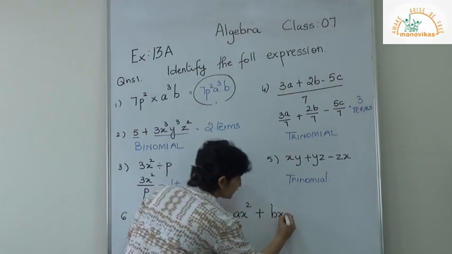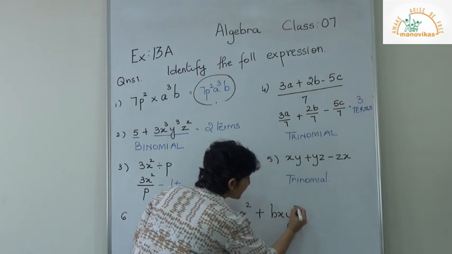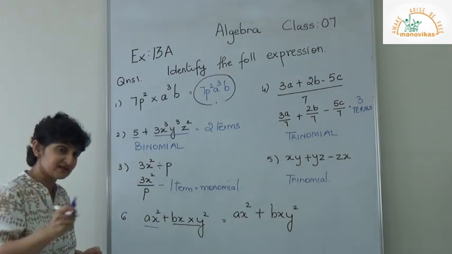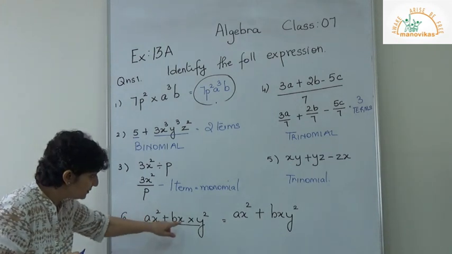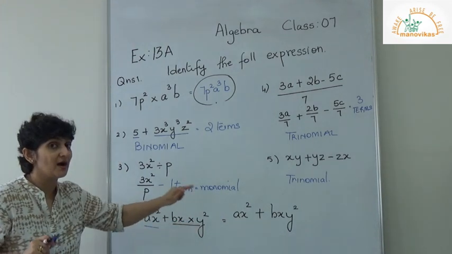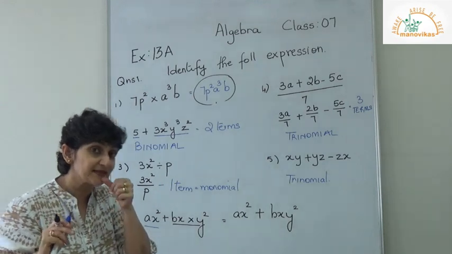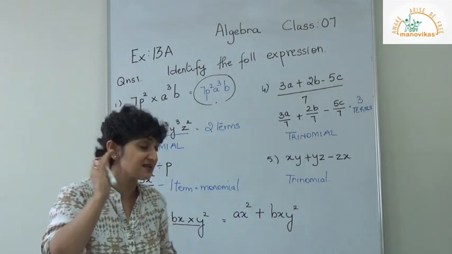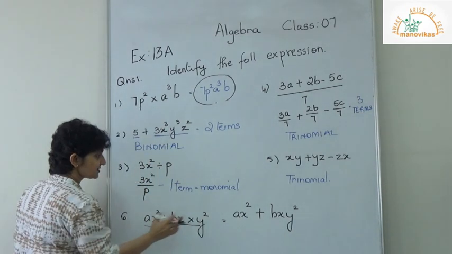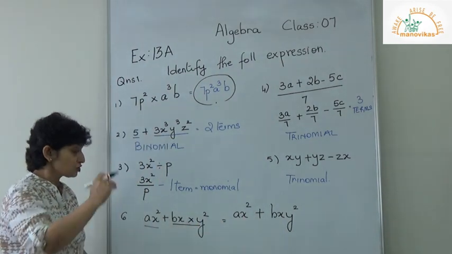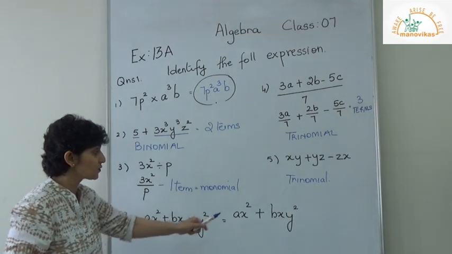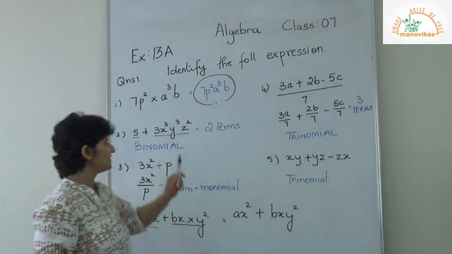So this, my answer becomes bxy squared. Let's just repeat it. I have ax squared plus bx into y squared. I said when we separate the terms, we only see plus and minus. So this is ax squared. It is separated with plus. So bx into y squared gives me bxy squared.